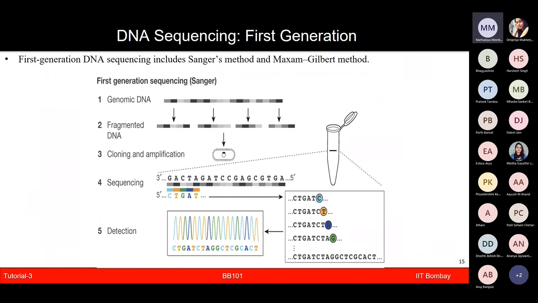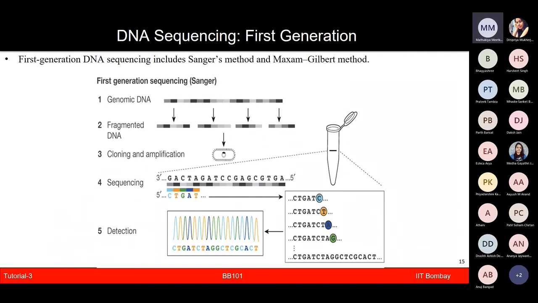Then you have to clone it inside plasmids, and then you have to undergo several enzymatic reactions, at least for the first generation of sequencing, like Sanger sequencing. So we have to clone it, and then perform the sequencing based on either termination or elongation, which are two sorts of processes. Sanger's is termination, Maxam-Gilbert is elongation.